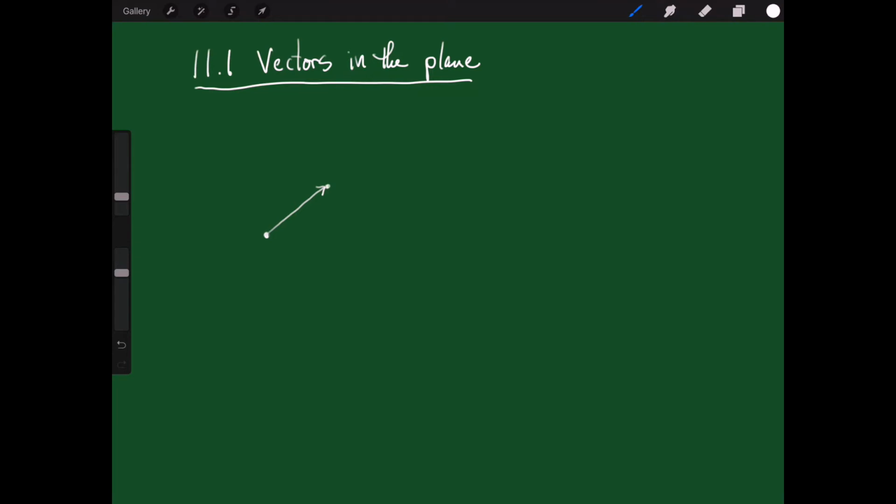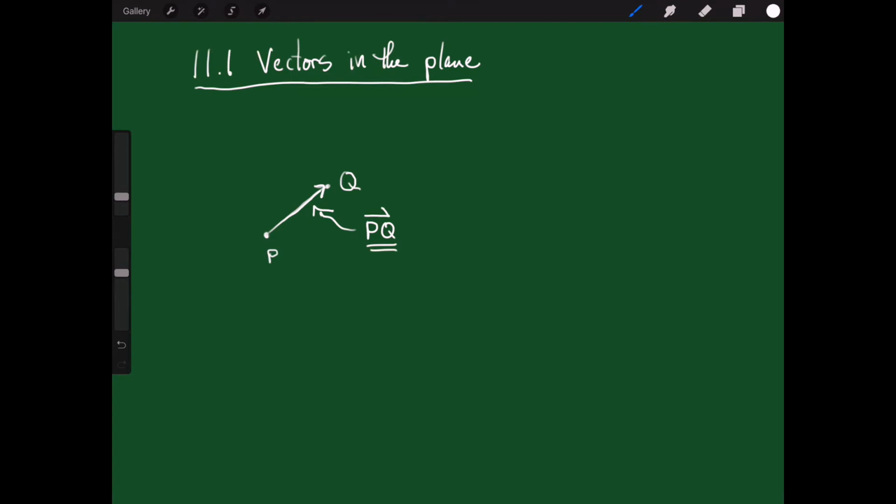Maybe the first point we call P, and the second point we call Q. Then we would typically represent this vector by writing PQ with a little arrow hat over P and Q, to represent that this arrow here is the vector PQ.